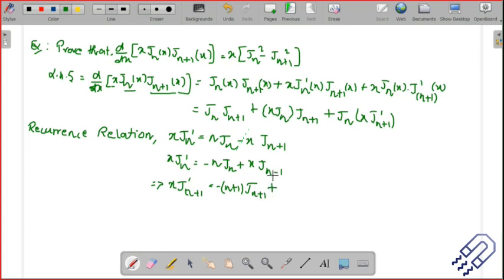In place of n, I will write n+1, so plus 1 minus 1 will get cancelled. This would be x Jn. Okay, so I can write it in this way, and that way I can actually replace it.